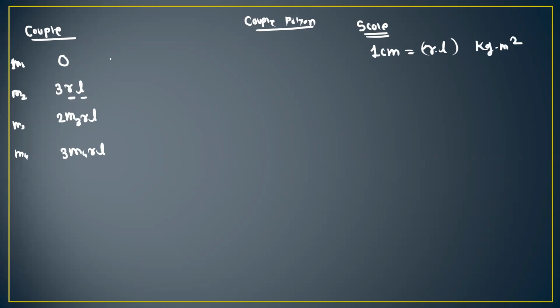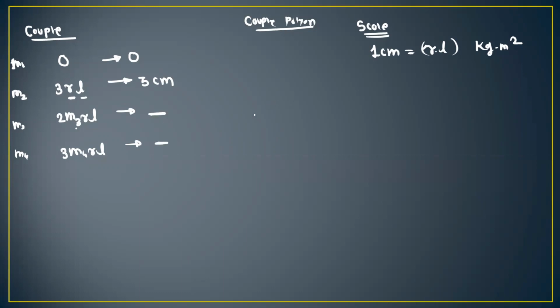And therefore, the first value is 0. Then for mass m2, divide this 3 RL by RL. So this is equal to 3 centimeters. So these values we cannot find out because m3 and m4 are unknown values.